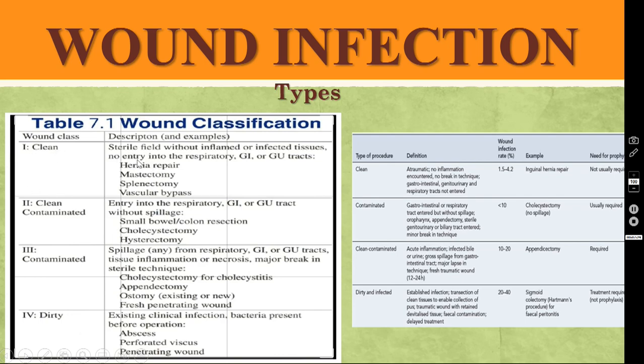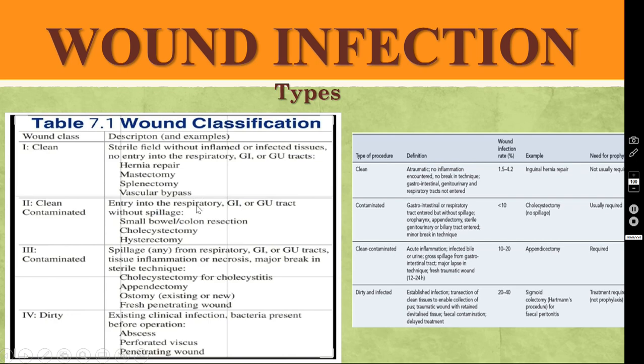Clean wound means a sterile field without inflamed or infected tissues. There is no entry into the respiratory, GI, or genitourinary tracts. Examples are surgeries like hernia repair, mastectomy, splenectomy, and any vascular bypass surgery.